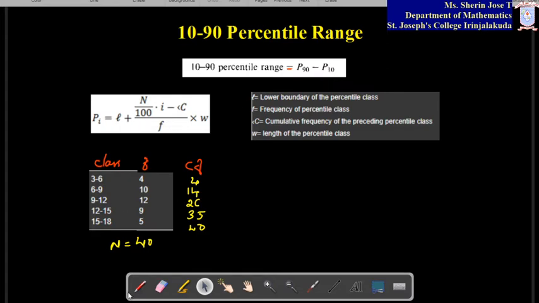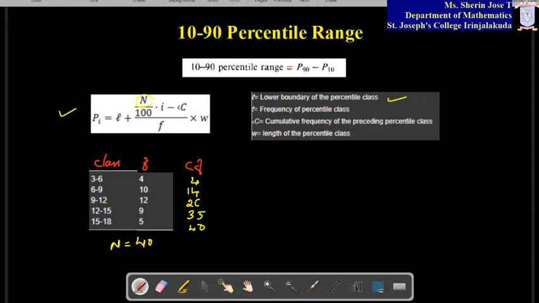Remember the formula of your Pi, that is for any percentile, i can be 10, 90 or anything. The formula will come L plus (N by 100 into i minus C) divided by f into w. Maybe notation will be a little bit different, but still the things are same. So here L is the lower boundary of the percentile class.